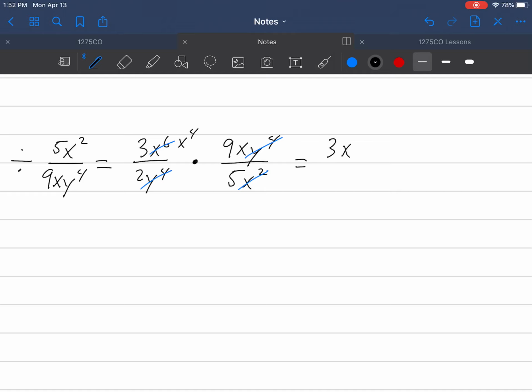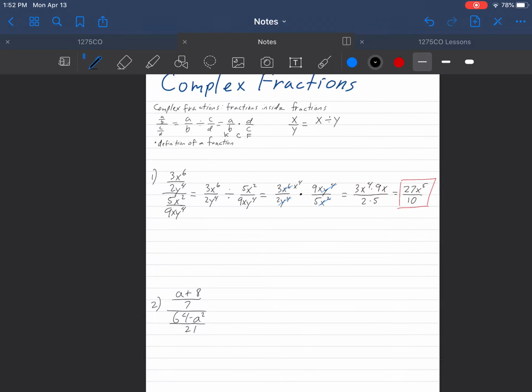So then our answer will be 3x to the 4th times x, 9x, over 2 times 5. And we can multiply this together to get 27x to the 5th power up top and 10 on the bottom. This is our answer.